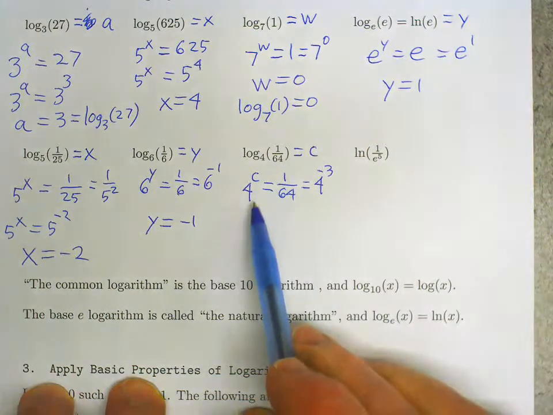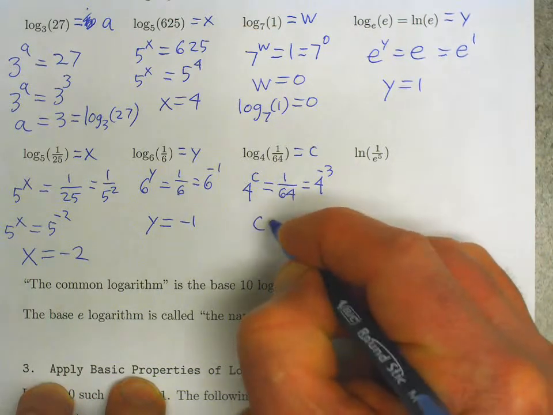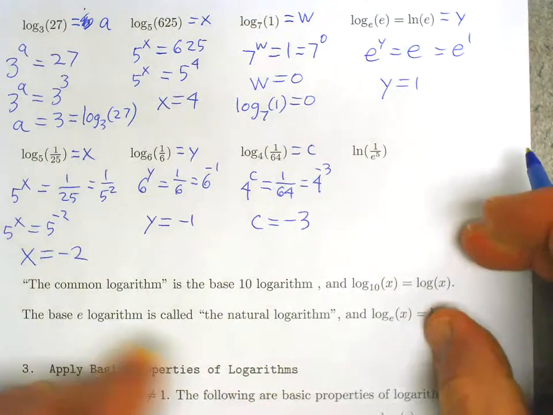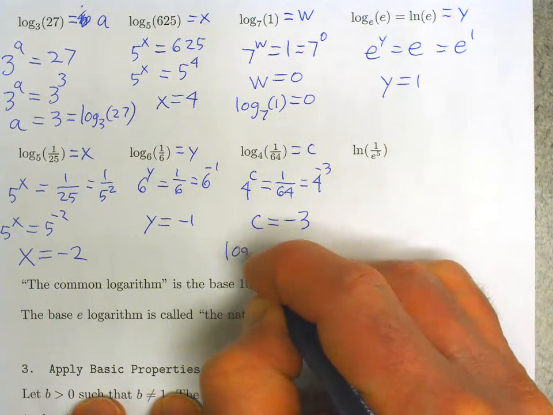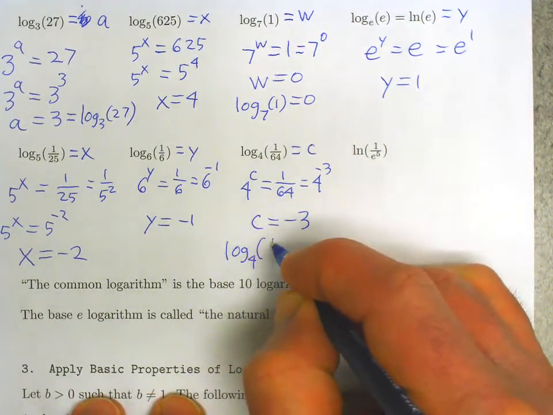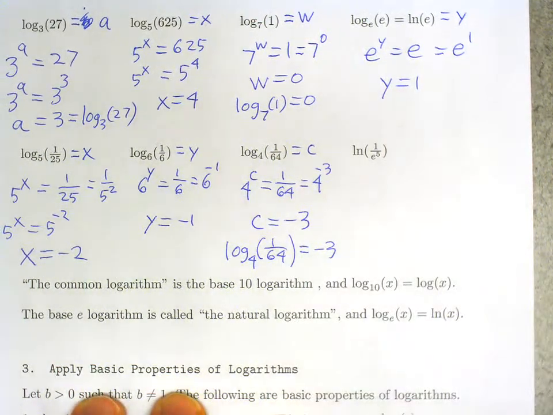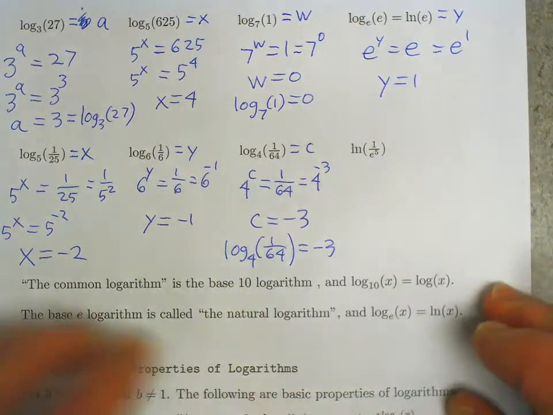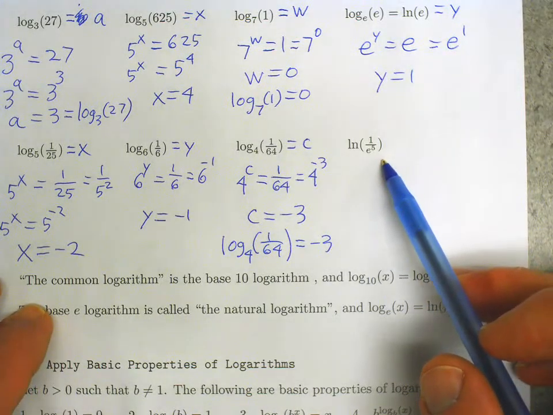And so if 4 to the c equals 4 to the negative 3, then c equals negative 3. So in other words, log base 4 of 1 over 64 equals negative 3. Okay, the next one, the natural log of 1 over e to the 5th.